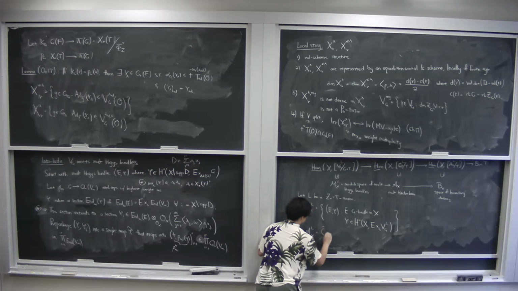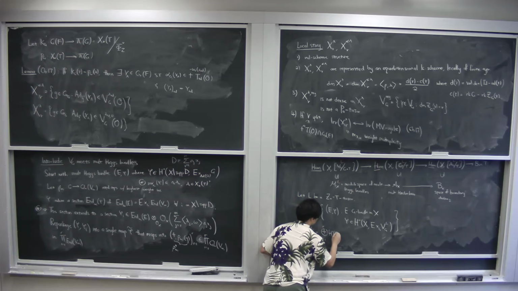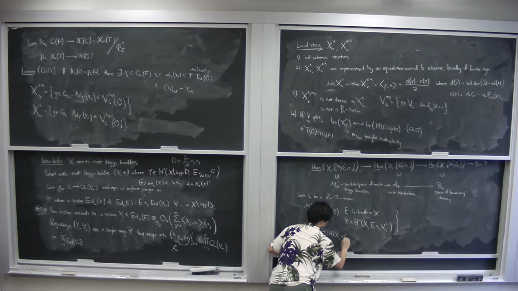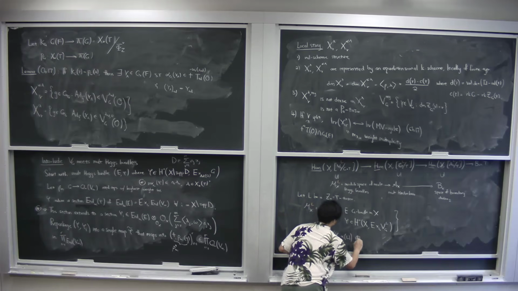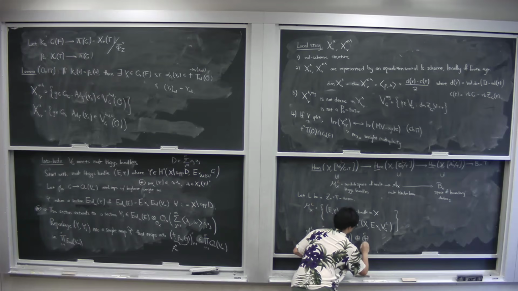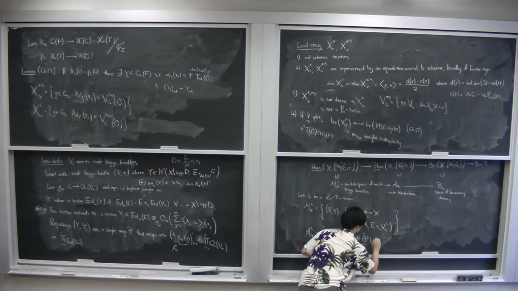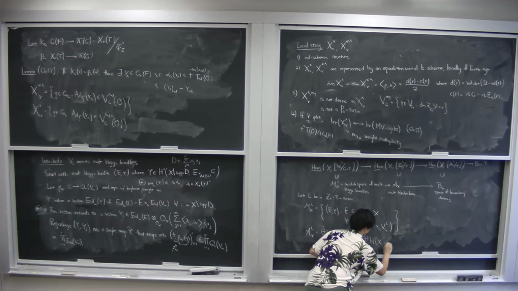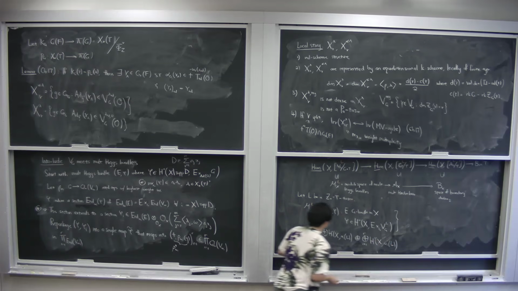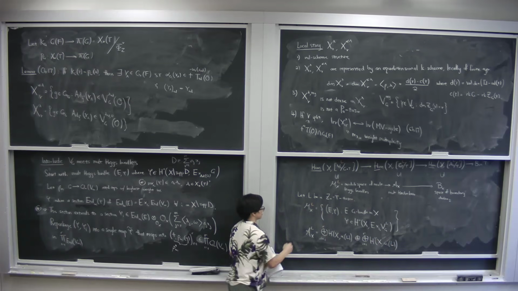This is a direct sum of R copies of one kind of line bundle cohomology plus R copies of another. So this is my Hitchin fibration.